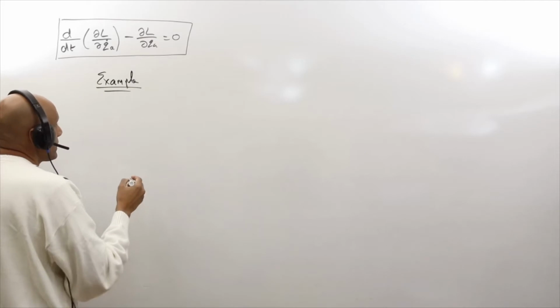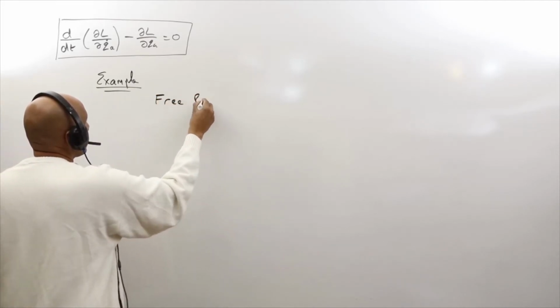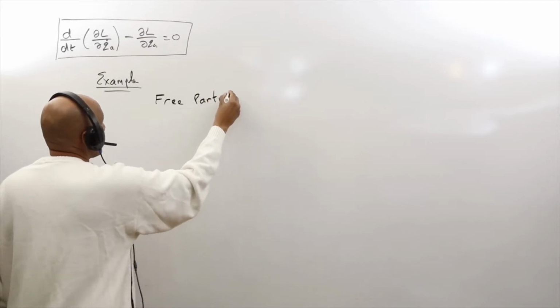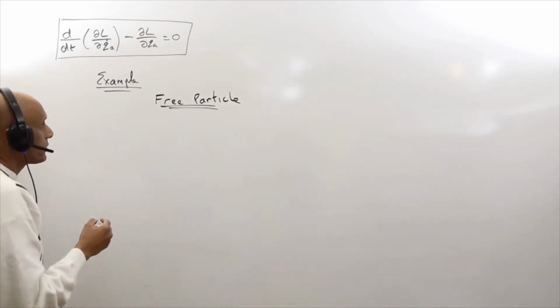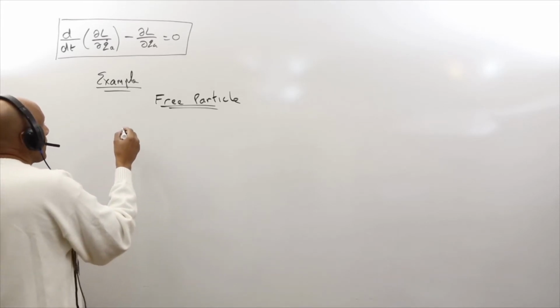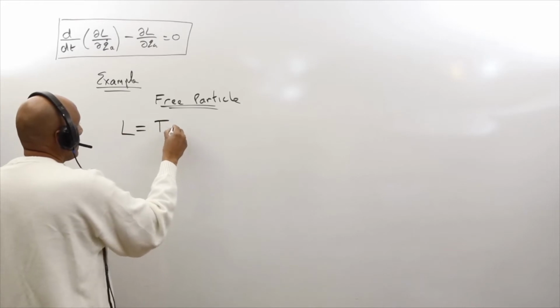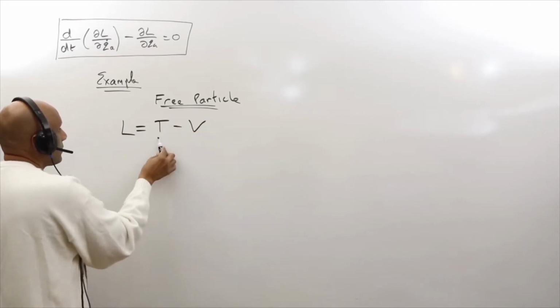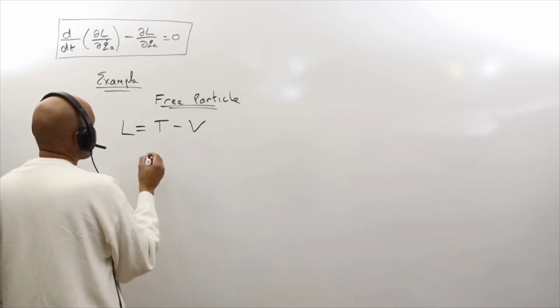Okay, so first example, let's assume that we have a free particle. So in our free particle, we'll calculate L. T is the kinetic energy, V is the potential energy. It's a free particle, so the potential is 0.